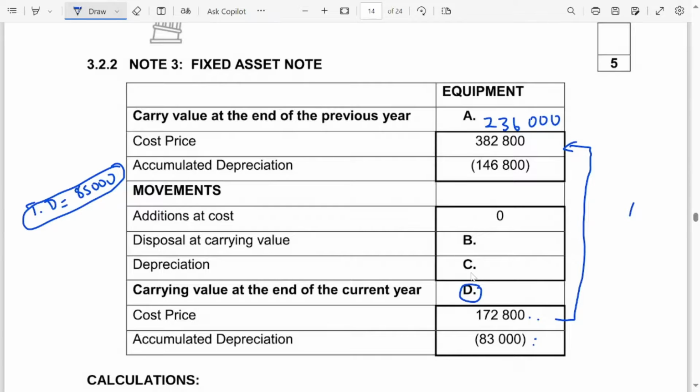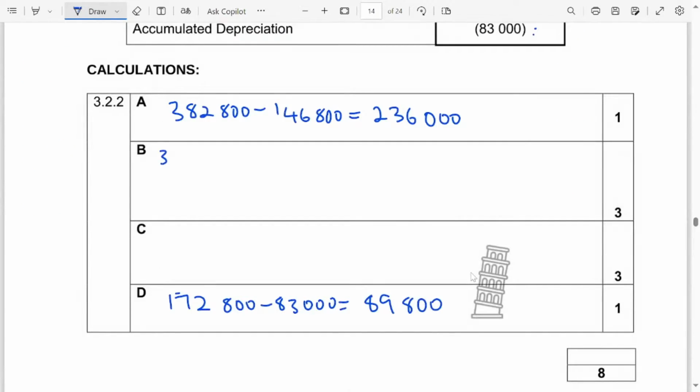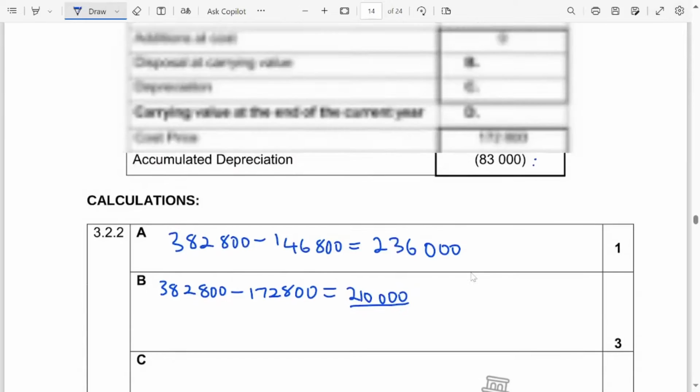So we have to find out by how much the cost price decreased. 382,800 minus 172,800. That is going to be 210,000. So this is the cost price of the asset being disposed.